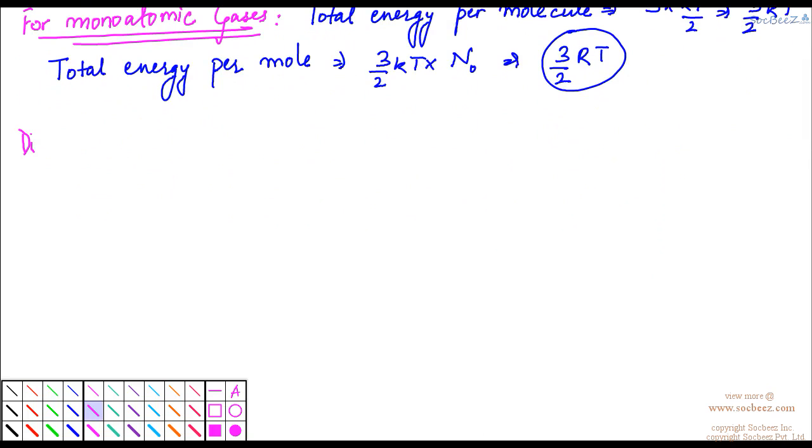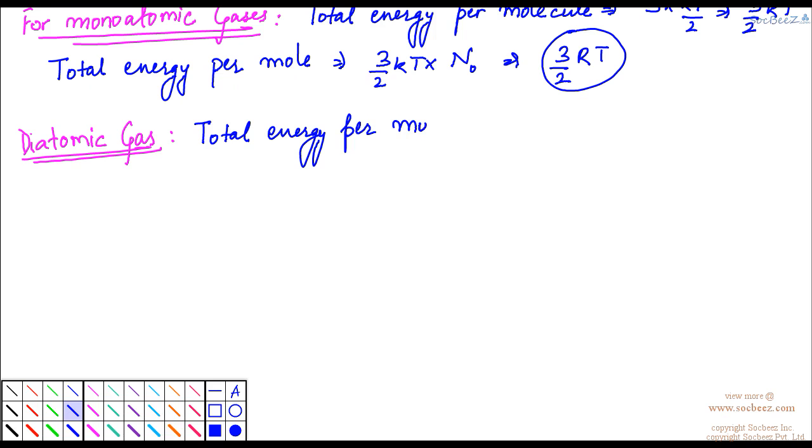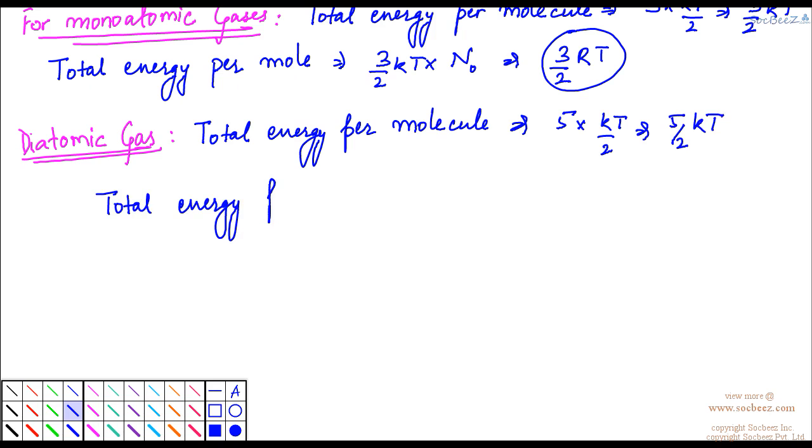Similarly, for diatomic gas, you can have the total energy per molecule is nothing but 5, the degrees of freedom, into kT by 2. That gives us 5 by 2 kT. Similarly, total energy per mole equals 5 by 2 RT.